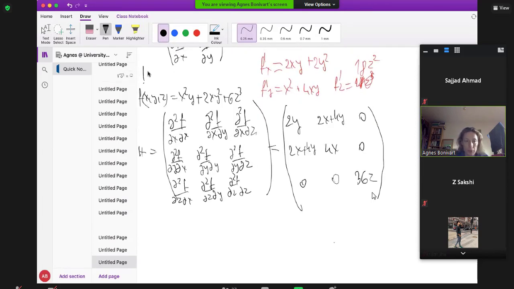In the Hessian matrix we always find second derivatives. In the first row, the first step is to differentiate with respect to x and then x, y, z, but always the second derivatives. Exactly.